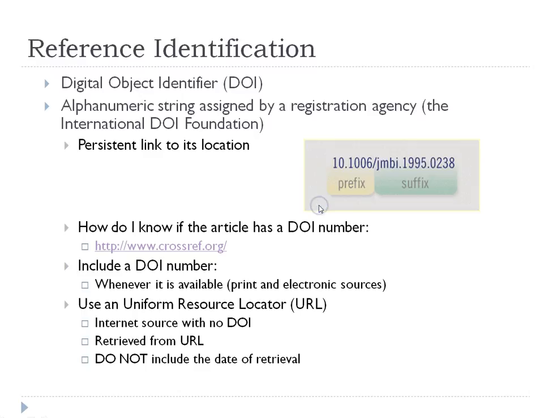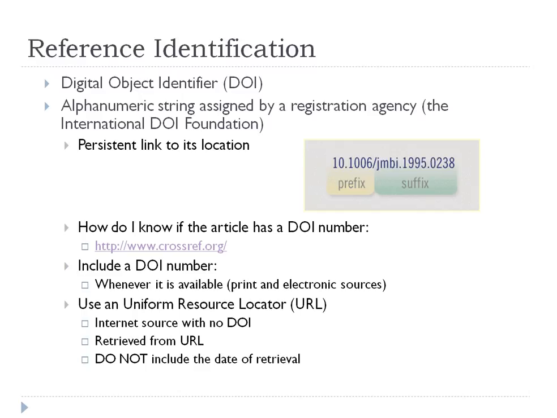So reference identification. What exactly is a DOI number? A DOI number is really a string of letters and numbers that have been given by the International DOI Foundation. And the purpose of a DOI is to then have a persistent link to that article.